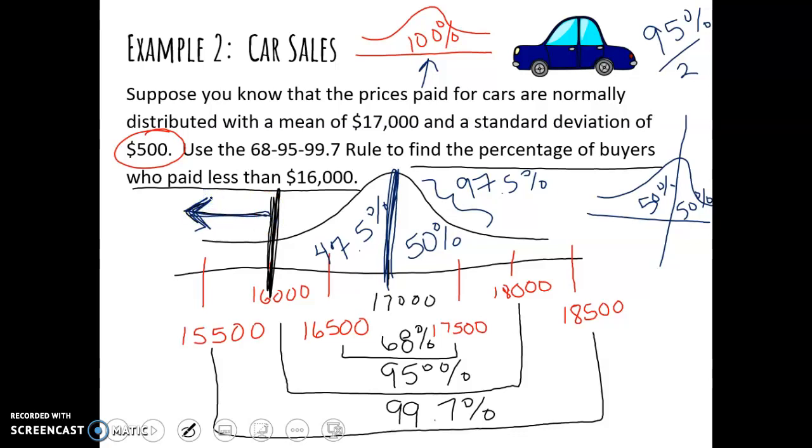So we need 2.5%. How did I get that? I just subtracted 100 minus 97.5%. So 2.5% of the data is less than 16,000. That's the percent of buyers who paid less than $16,000 for a car. So 2.5% is the answer.